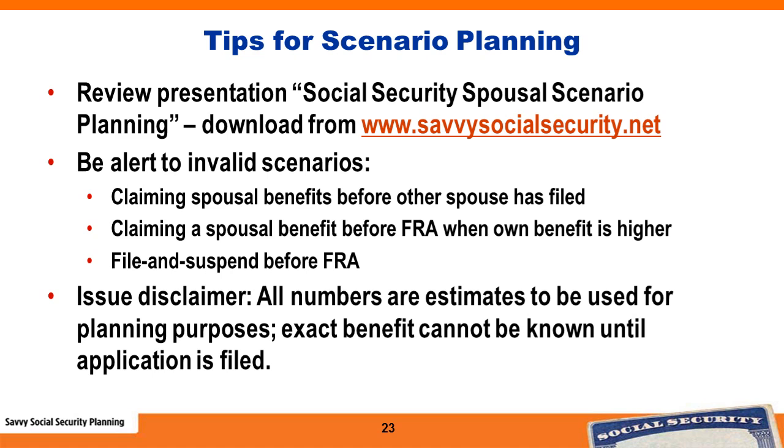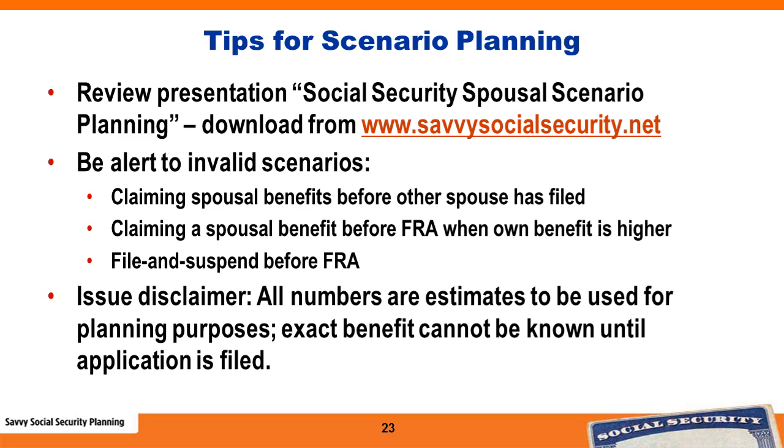A high-earning spouse can't claim a spousal benefit before full retirement age if his own benefit is higher, so don't ask the calculator to start his spousal benefit before age 66. And it is not possible to file and suspend before full retirement age. So if a high-earning husband will be starting his own benefit at 70, don't ask the calculator to start his wife's spousal benefit when he is only 64.